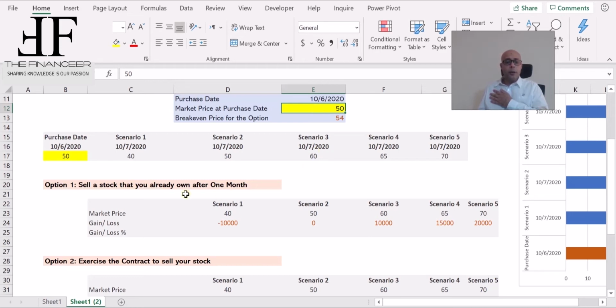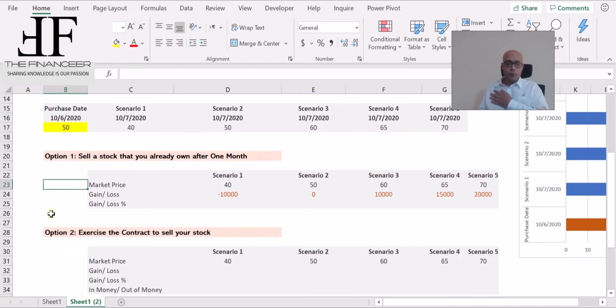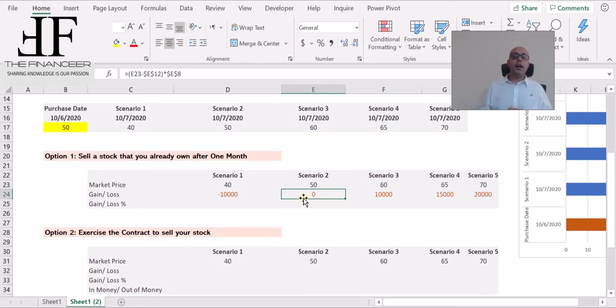Okay, one more important piece of information here. Some people might ask, where are the broker fees and the commission fees? In this case study, I'm assuming that we ignore the broker commissions and the transaction fees. It's actually very minimal, but if you would like to consider it, it will be losses. So in this case, for example, the result will not be 0, it will be negative by the amount of the transaction fees or the broker commission fees.